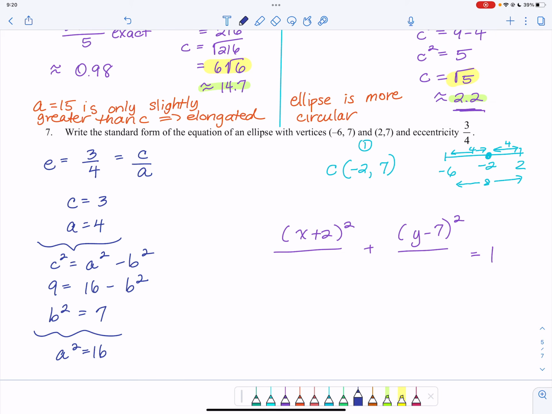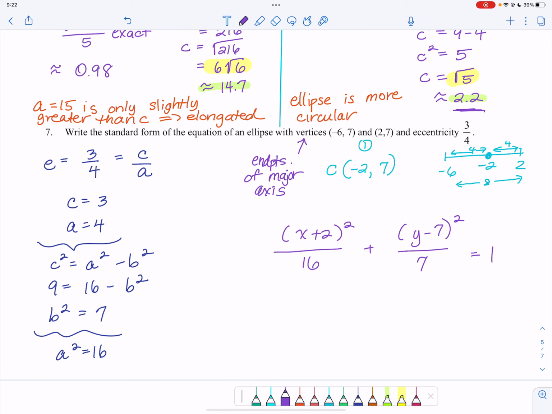So we can go ahead and place 16 under the x squared term and 7 under the y squared term. And remember that the vertices are the endpoints of the major axis.